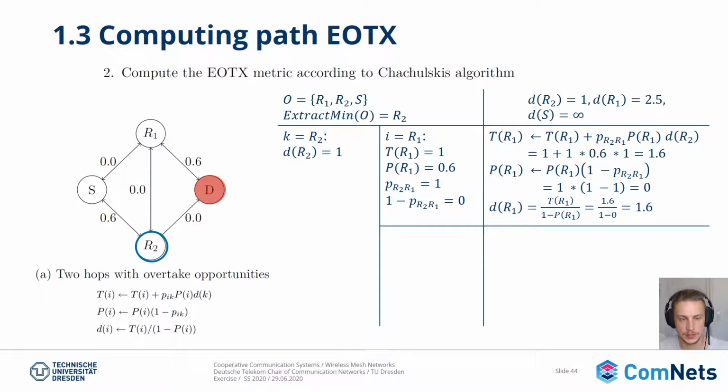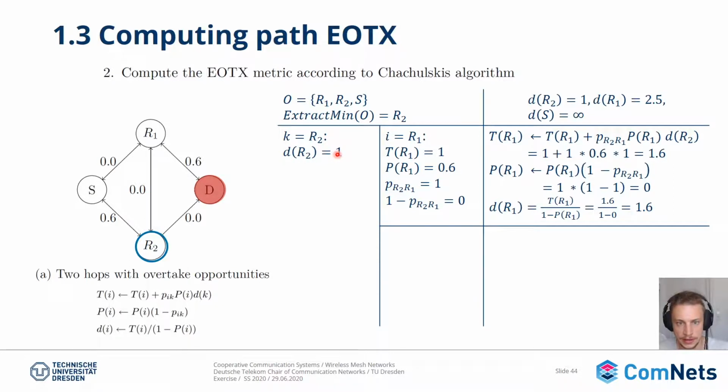This changes when we extract the next node from the set O, so the minimum distance now is 1 towards the destination node D, and therefore we extract R2. K is R2, the distance of R2 is 1.